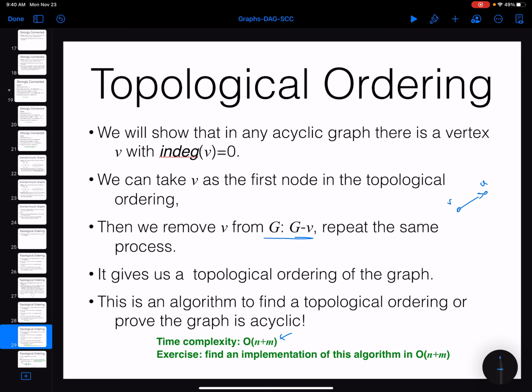You are going to change the in degree for all these nodes, for example u and w, right? You can do it by just following the edges, equal to the number of edges, and decrease the in degree for all of those nodes that there is an edge from v to them. So basically I gave you the algorithm. That's it. You can analyze that the time complexity of this algorithm is going to be O of n plus m.